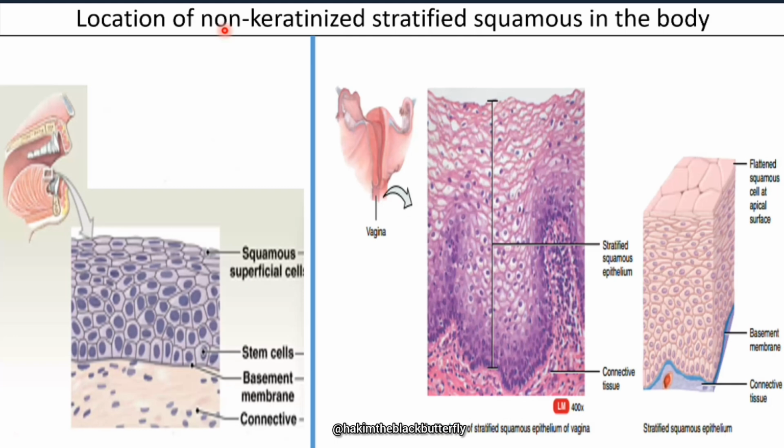The non-keratinized type is found in different parts of the body that are prone to abrasion or wear and tear. For example, your oral cavity, the inside of your mouth, the tongue, all these structures, whenever you're chewing solid food particles, they are prone to injury, but they never get severely injured because they are made up of a thick or multi-layered epithelium, an epithelium with many cell layers.